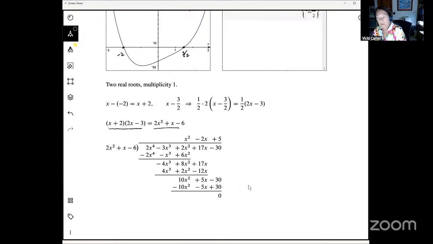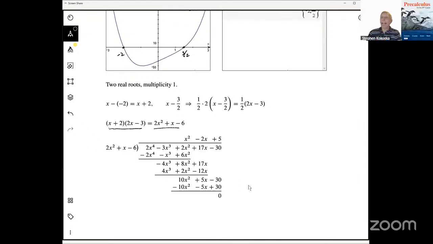The students have to know how to do long division, so this is good practice for them. Painful, but I did it. Fortunately, the remainder down in the bottom right-hand corner is 0. It should be. I know that 2x squared plus x minus 6 is a factor. My other factor is now a quadratic, x squared minus 2x plus 5.